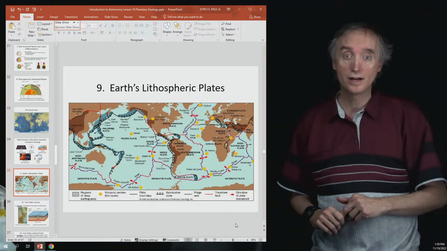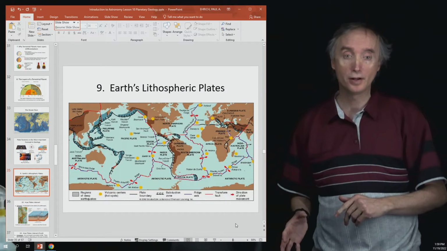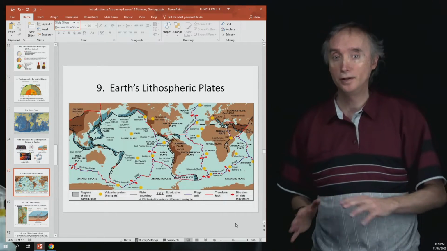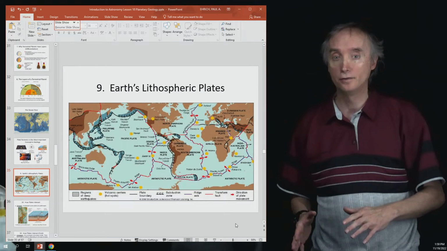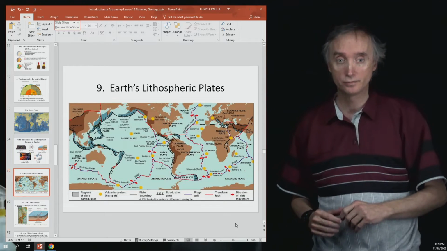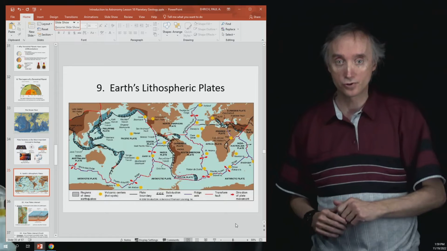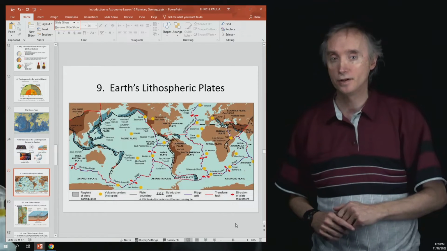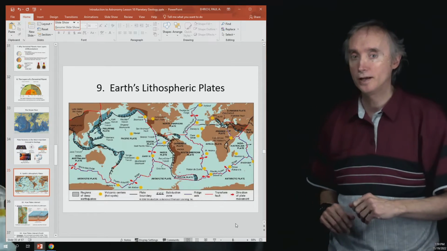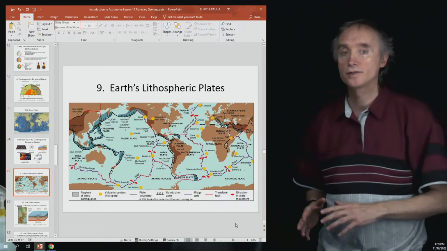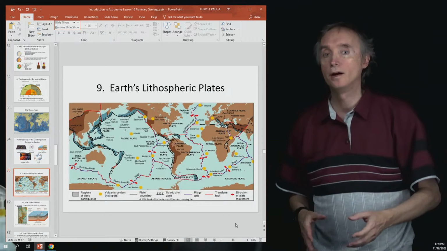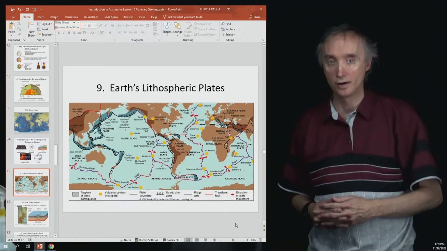But then you've got something like the Pacific plate, which is completely made up of oceanic plate, the lithosphere that is underneath the ocean. So some plates are pure ocean, some plates are pure continent, other plates are a combination thereof.